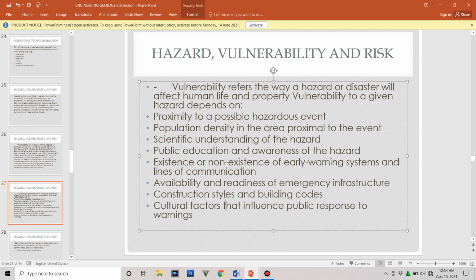And then the cultural factors that influence public response to warnings. So, maraming nagsasabi or maraming nagsishare na scientist na umalis na kayo dyan. But because of the culture, sasabihin ng mga society or the community, hindi naman nangyari yan within how many years.